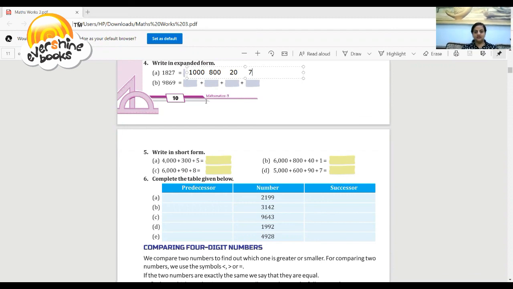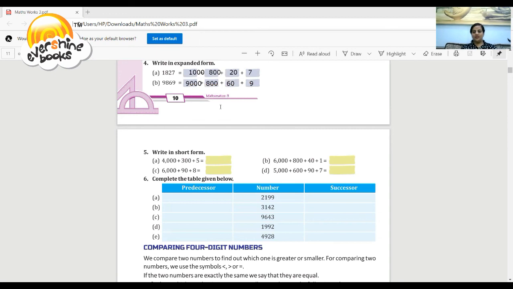This is the answer. Next is 9000 plus 800 plus 60 plus 9. This is expanded form.